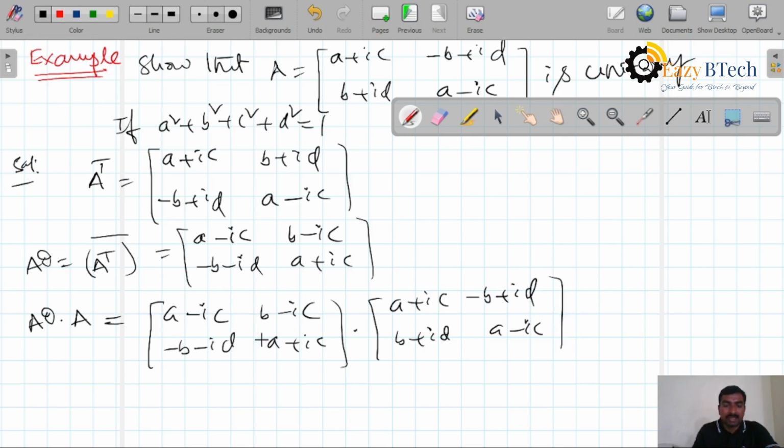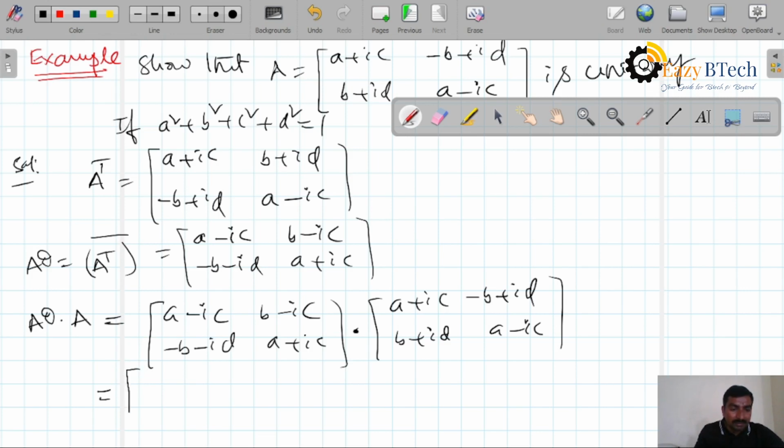This is the given matrix. This is A power theta already calculated, and this is A. Now we have to multiply these two matrices. But at the time of multiplication you have to maintain accuracy. If there is no accuracy, you will get some errors, and you will not get the proper answer. That's why we have to multiply properly.